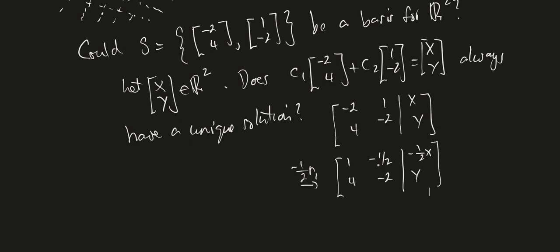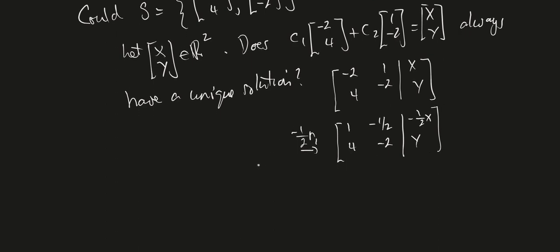Then if I take negative 4 times the first row and add it to the second row, that gives me 1, negative 1/2, negative 1/2 x. And then this is eliminated, but so is this. And then I have, let's see, negative 4 times negative 1/2 x, so that's 2x plus y.